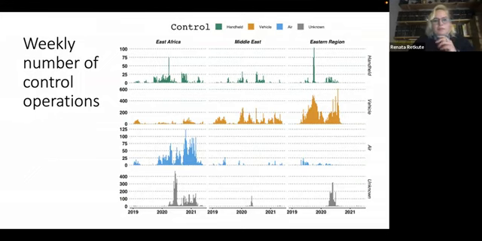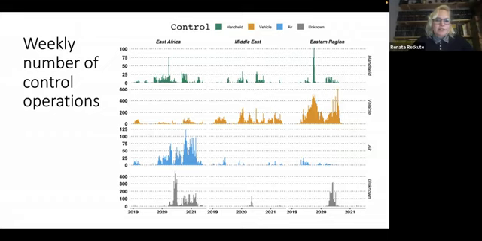It is a wider analysis incorporating East Africa, the Middle East, and the Eastern region, which was Pakistan, India, Nepal, and Iran. That was geographically determined by how FAO traditionally looked at the movements of the locusts.